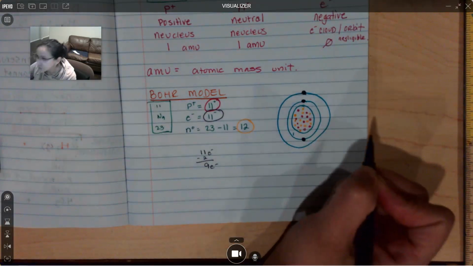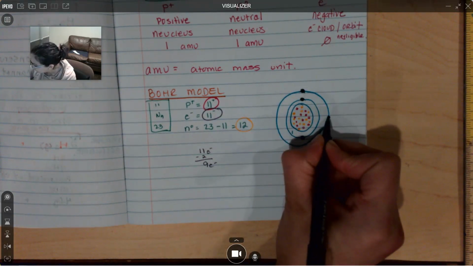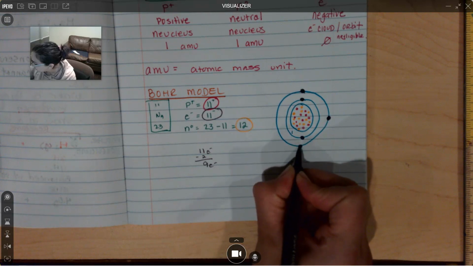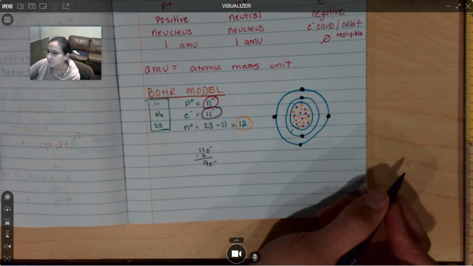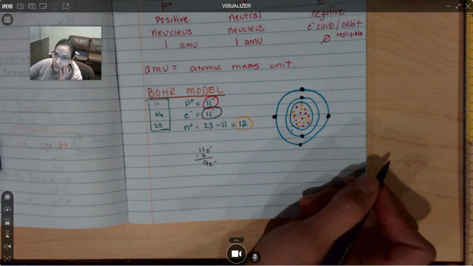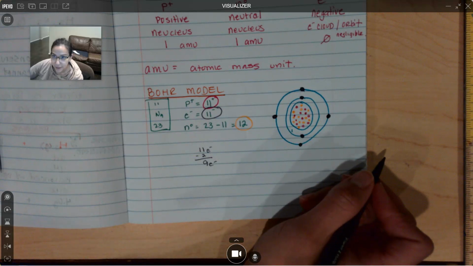Now electrons, when you first put them and as you write them, make sure you follow this order. One on the top, side, bottom, side. 1, 2, 3, 4. Okay, that specific order is going to help you when it comes to creating your molecules and when we start combining things together, showing molecular combinations.